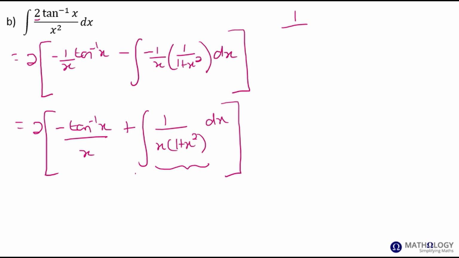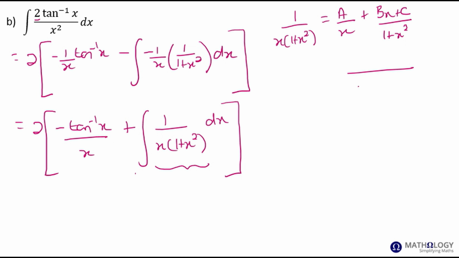So 1 over x times 1 plus x squared equals a over x plus bx plus c over 1 plus x squared. If you're unsure about partial fractions, there is a separate video that deals with partial fractions in detail, so refer to that if you need to.